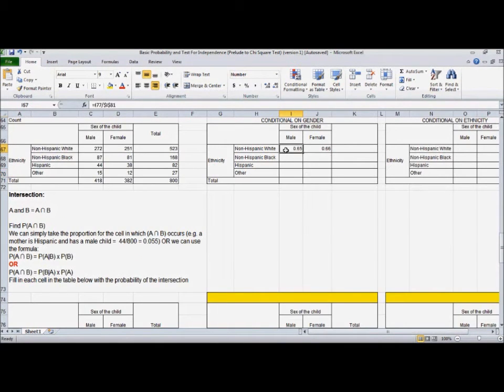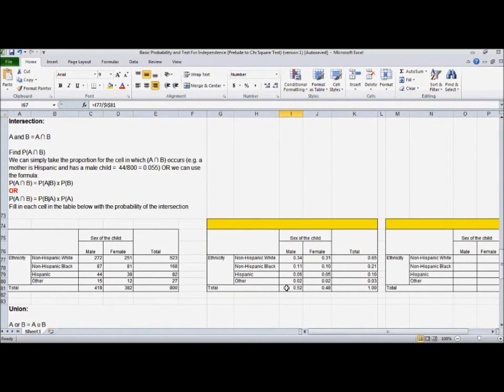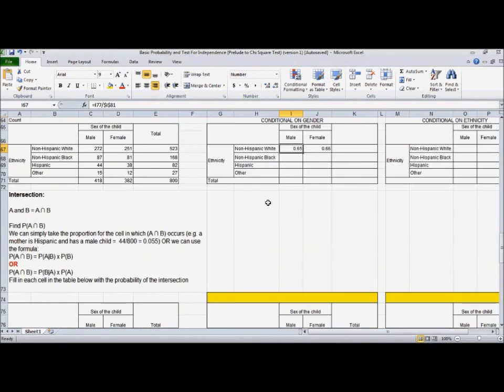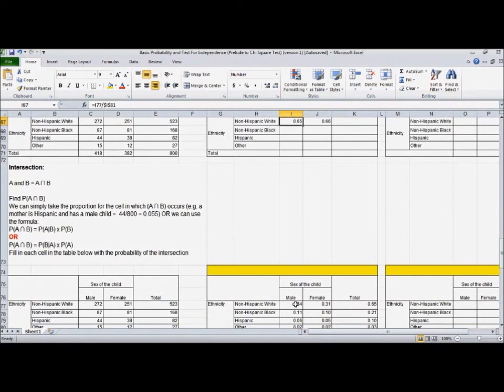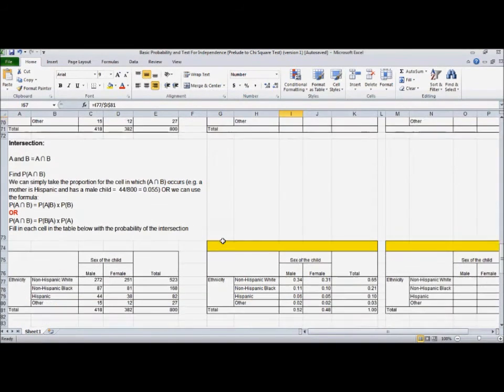So let's say I wanted to keep I81 constant. I81 is this cell here, 0.52. So for this cell, the intersection, this part of the equation, A and B, is this here, 0.34, right? I77. And I want to divide by I81.